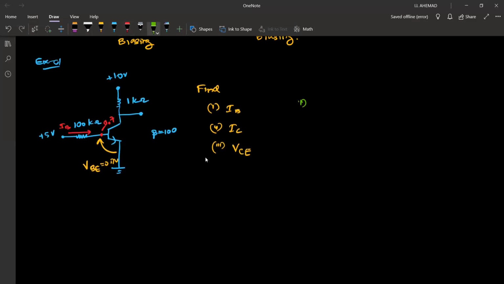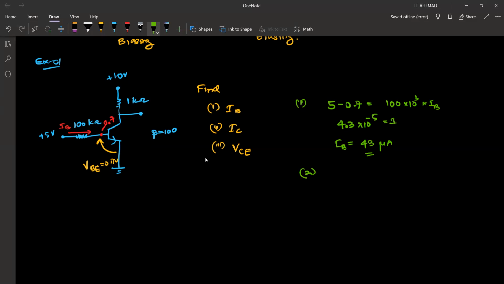Potential difference: 5 minus 0.7 is equal to 100 into 10 to the power 3 into I. If we simplify this, we get 4.3 into 10 to the power minus 5 is equal to I. So I is equal to 43 microamperes. IB is equal to 43 microamperes.